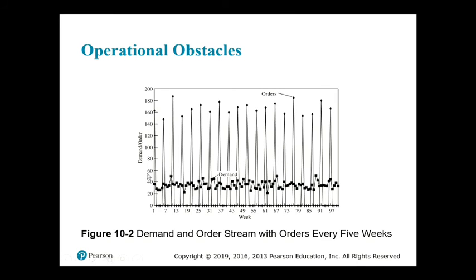Then we add up the total demand during the next 5 weeks. The total effect is we have these large peaks every 5 weeks and then nothing in between. So this will translate to much higher variability as seen from the supplier of this company.